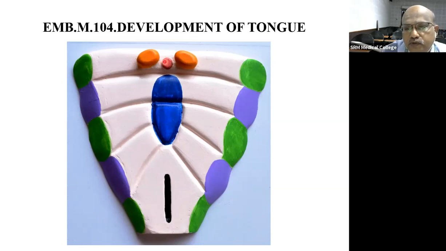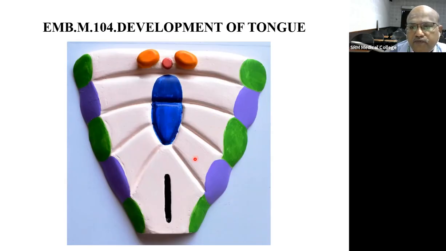So these three swellings form the mucous membrane of the anterior two-third of the tongue. Next, another median swelling is formed, that is called the hypobranchial eminence. It is mainly formed by third and fourth arches.